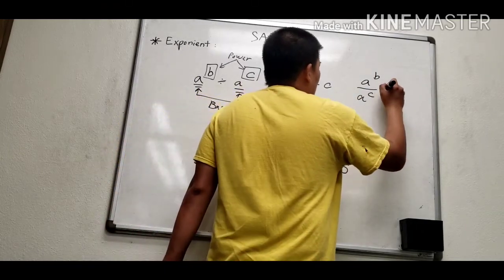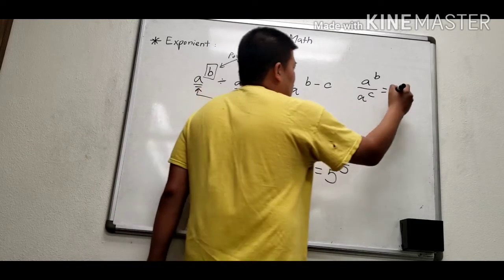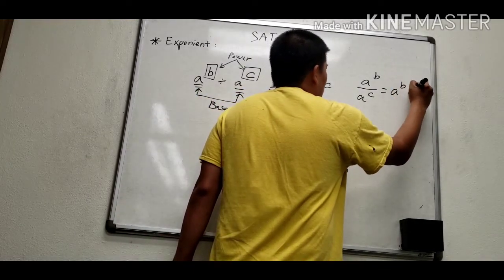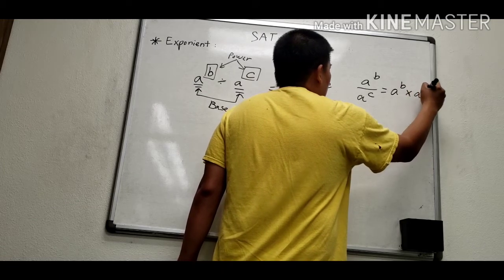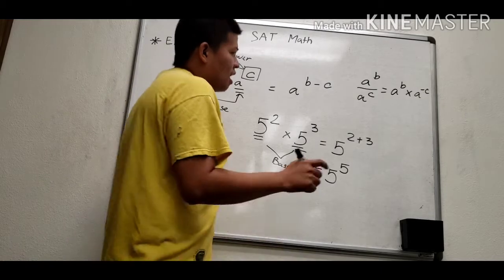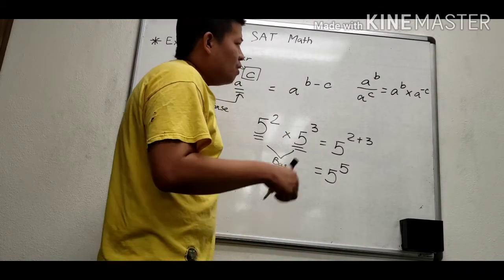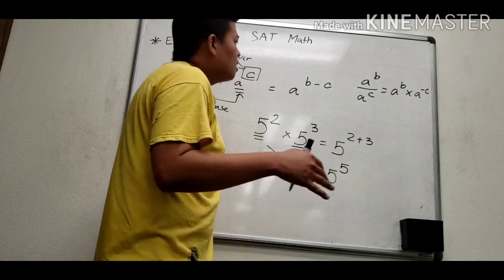When you put a power c here, it changes to a power minus c, because in multiplication and division they flip.